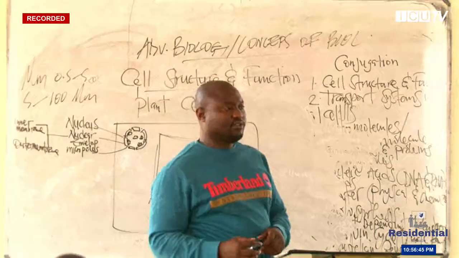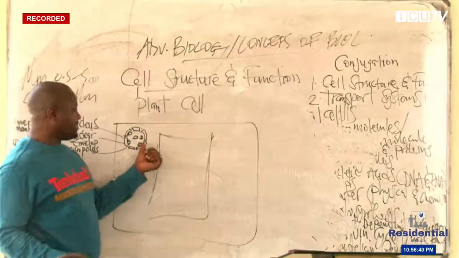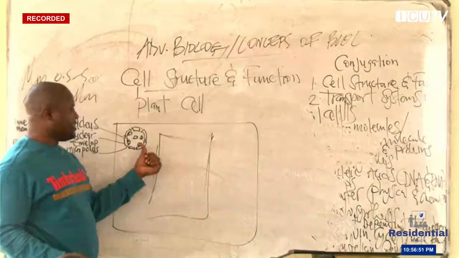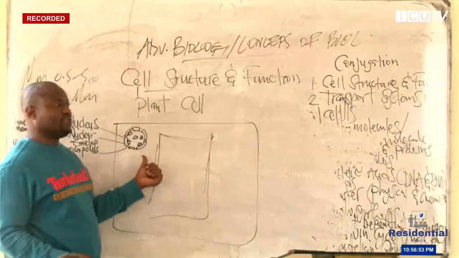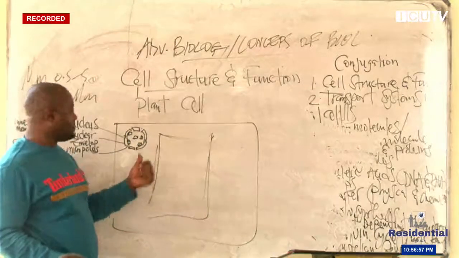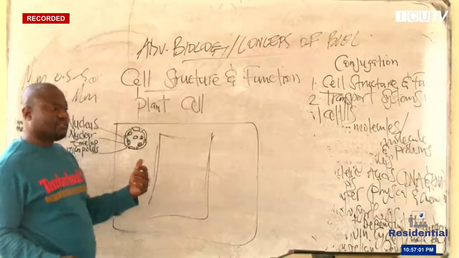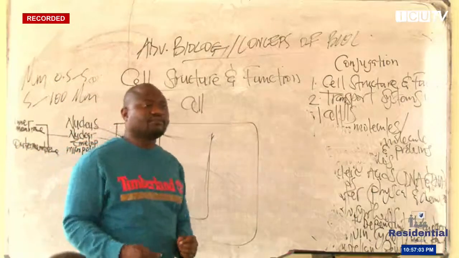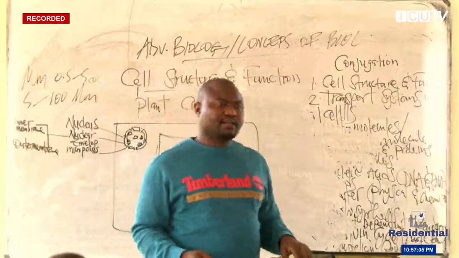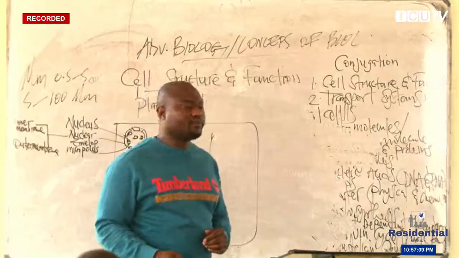So these small holes basically allow substances such as the mRNA that has undergone transcription from the DNA to go into the rough endoplasmic reticulum. Basically, therefore, they allow substances movement in and out of the nucleus.